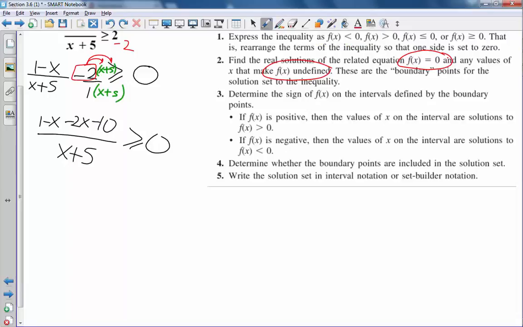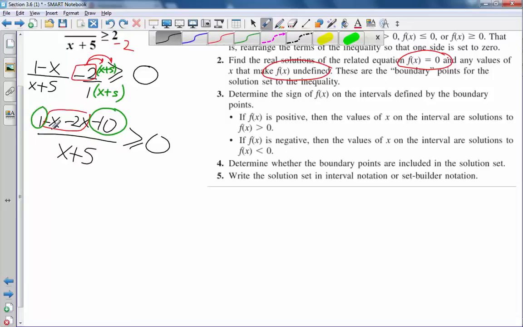Now everything is fine. Let's combine like terms. These are like, right? And 1 and 10 are like. So can we combine them? So that makes, I like x's first, so I will take care of these first. Minus 3x.